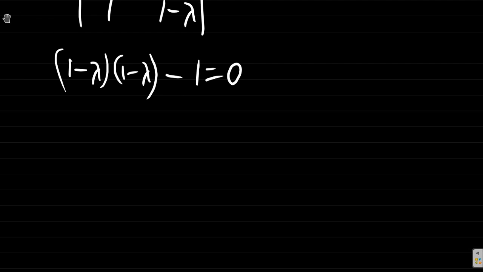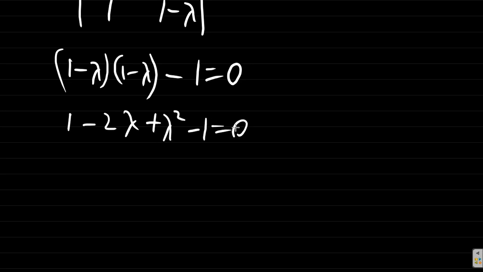So we multiply out: 1 times 1 is 1, 1 times negative lambda, then negative lambda times 1, you get negative lambda minus lambda, which is minus 2 lambda. Negative lambda times negative lambda is plus lambda squared. Minus 1 is equal to 0.